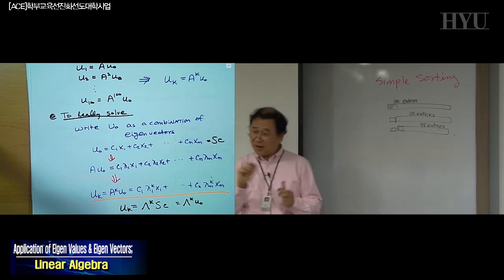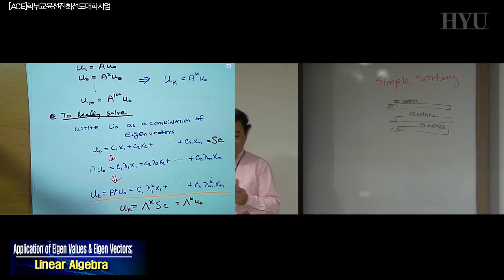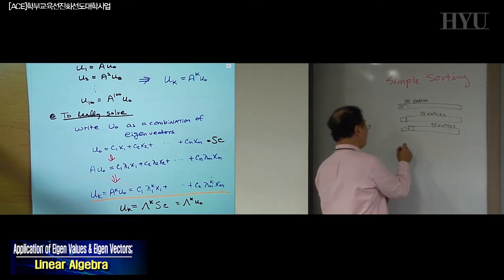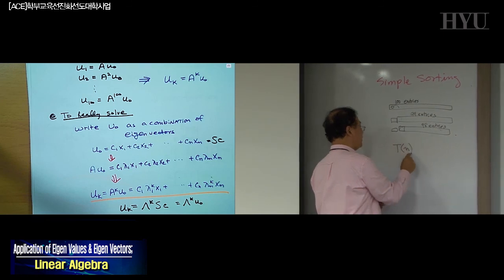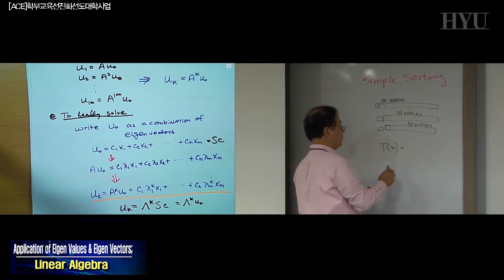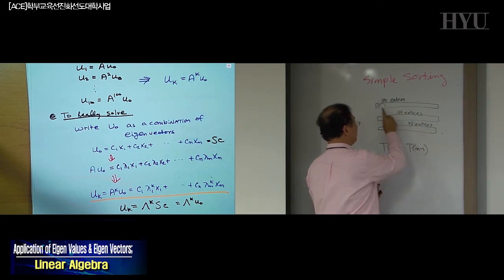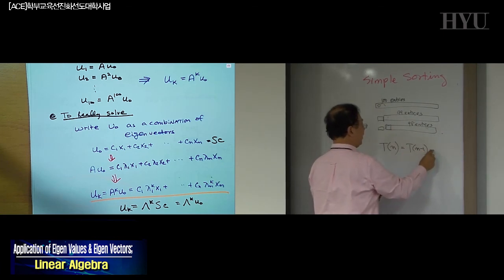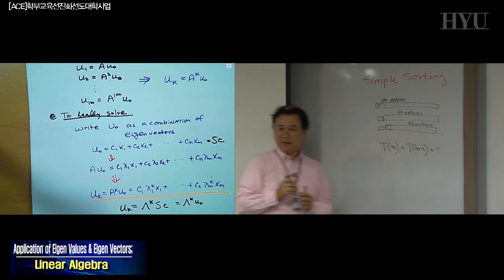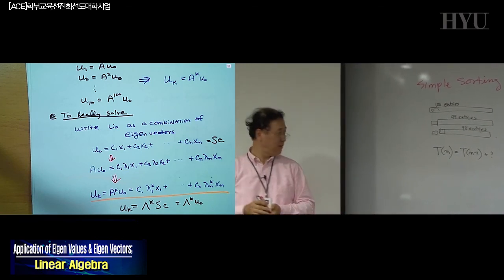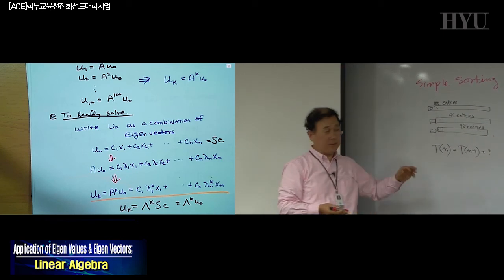This is a recursive function, right? So in that case, let's say the computational time for n is T(n-1) plus what? Any idea? How many comparisons do you make to have this?